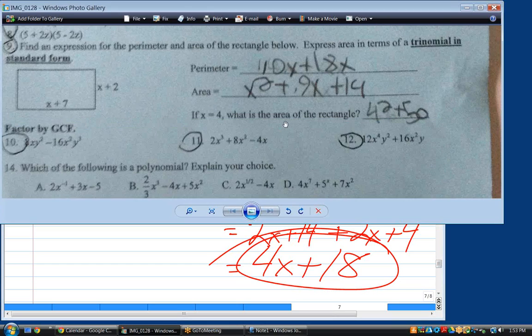If x equals 4, what is the area of the rectangle? Okay, that's correct. In other words, you plugged in 4 for x, right? And you got 4 squared plus 36 plus 14, and you combined that to 50.